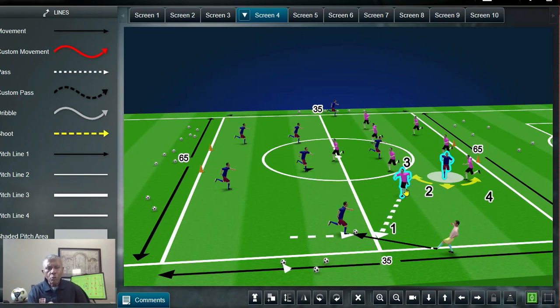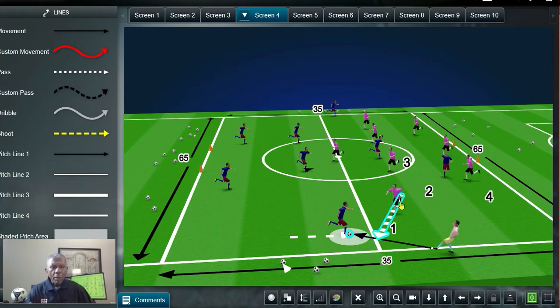So the speed of approach is the first coaching point. Inside that speed of approach, he's coming at full speed, but when the ball touches the attacker, he slows down his speed, so he cannot get beaten easily on the first touch.